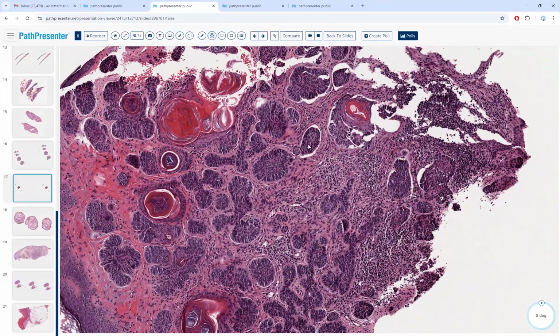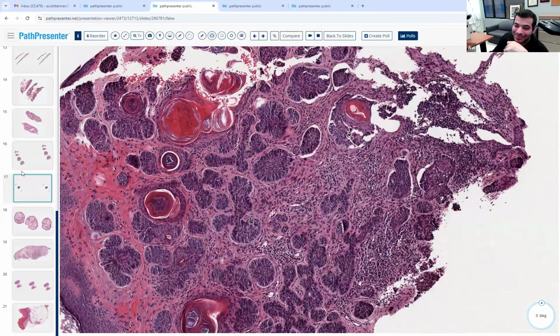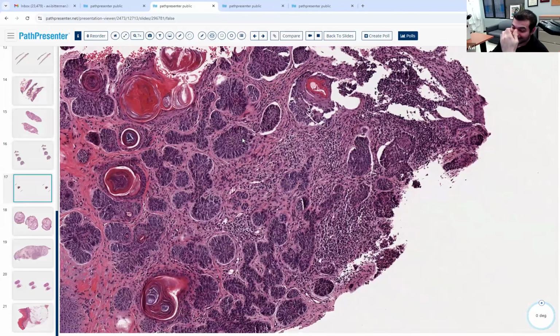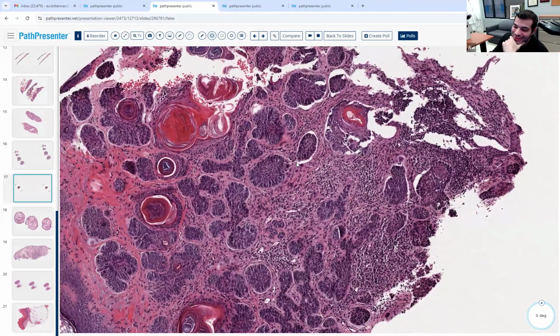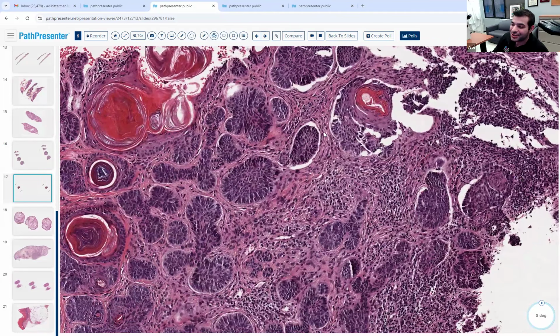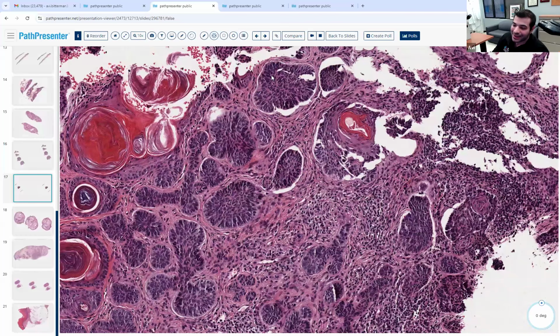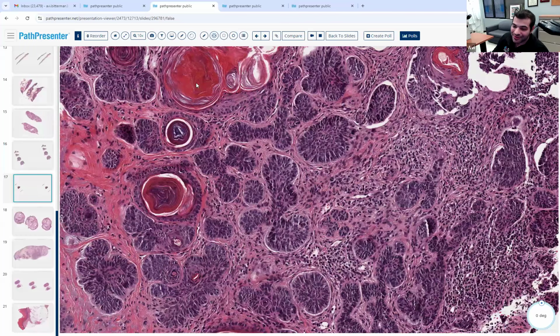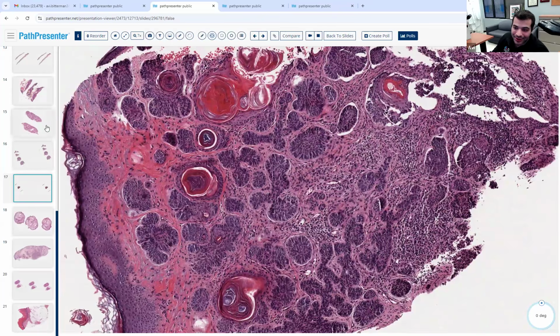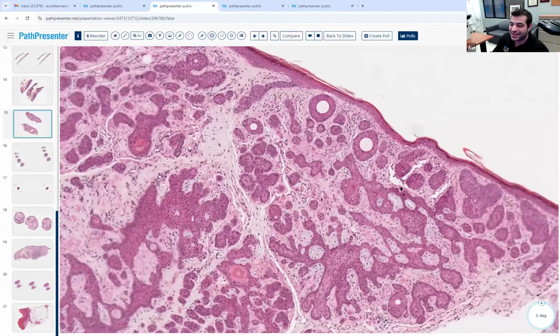This is also infundibulocystic BCC. But what's different about this? So this actually is an infundibulocystic BCC. In this case, we actually do have the features of basal. We have palisading, we have the retraction, and then we have the similar architecture that we saw before. But notice what's different here.